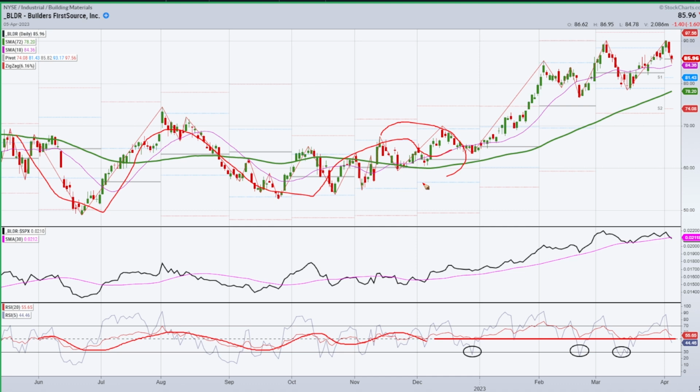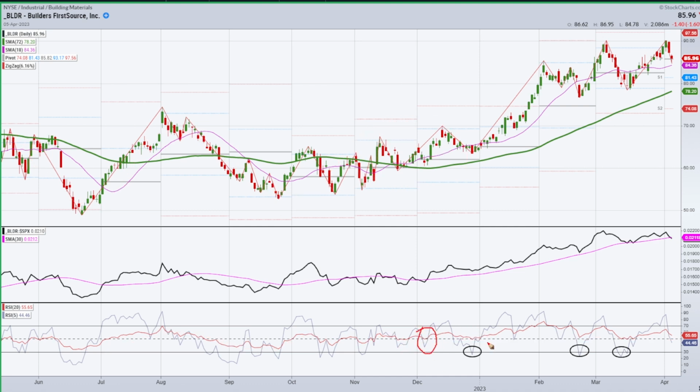Then that started to shift right about here, where the line was tested and held. It was tested and held, and then we just continued to hold it throughout this period. So just keep that in mind. Now, I think you can use the RSI 5 in conjunction with the ADX and the MACD the way that I use them. You don't have to use the RSI 20, but sometimes it's nice just to have it all on one screen like this.